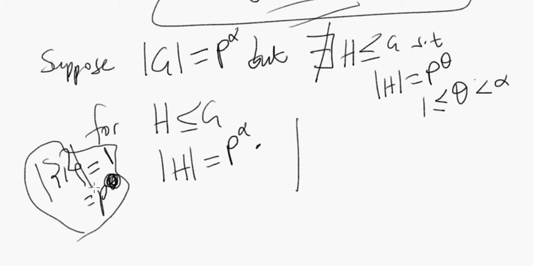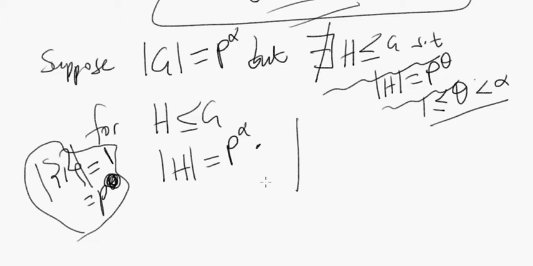If you buy that we can't consider a subgroup which is the identity element, let's ask the question: what does it mean to say that there does not exist some H such that the order of H equals p to the theta and theta is less than alpha?